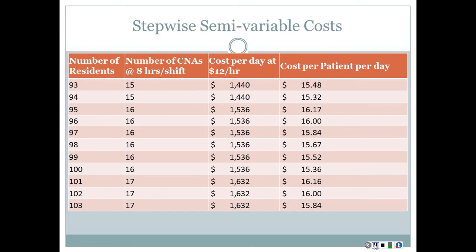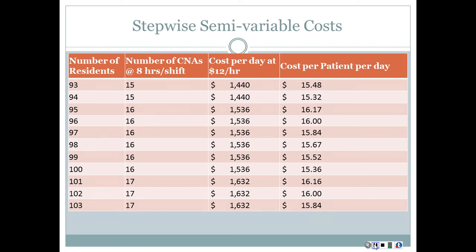We really needed then to get a few more residents coming in, so we're up to 97 residents to reach that $15.84 threshold. And then we were actually able to more than break even if we had 98 residents or 99, even 100. We were down to $15.36 in costs, but our reimbursement was at $15.84. So we were making a few cents there.